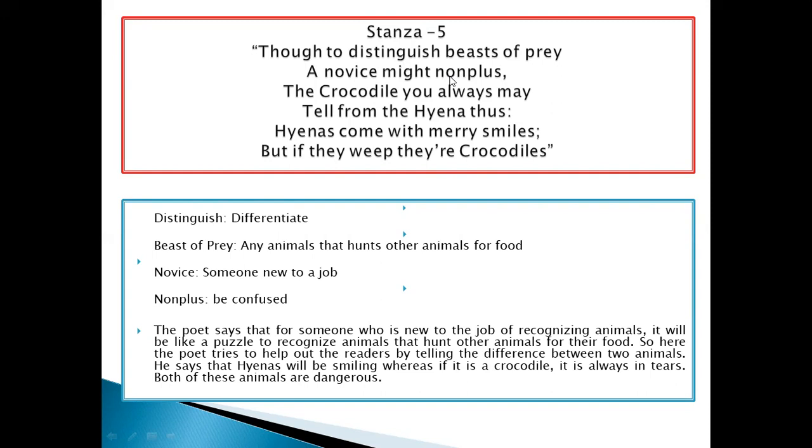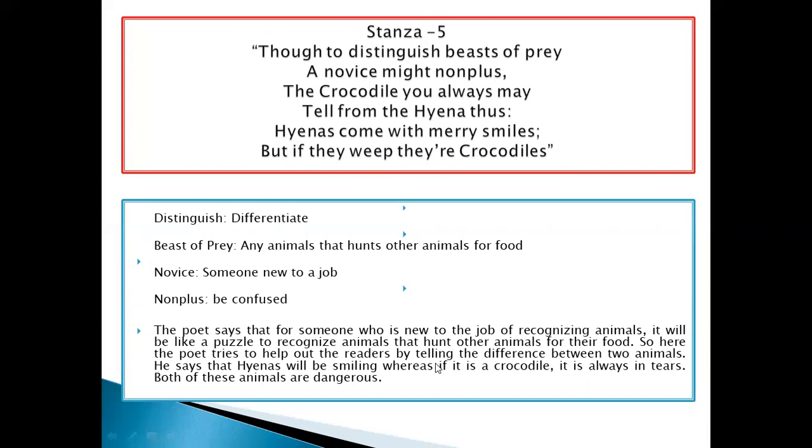So she says further that it will be like a puzzle to recognize animals that hunt other animals for their food. So here the poet tries to help the readers by telling the difference between two animals. Those two animals are crocodiles and hyenas. She says that hyenas will be smiling, whereas a crocodile is always in tears.